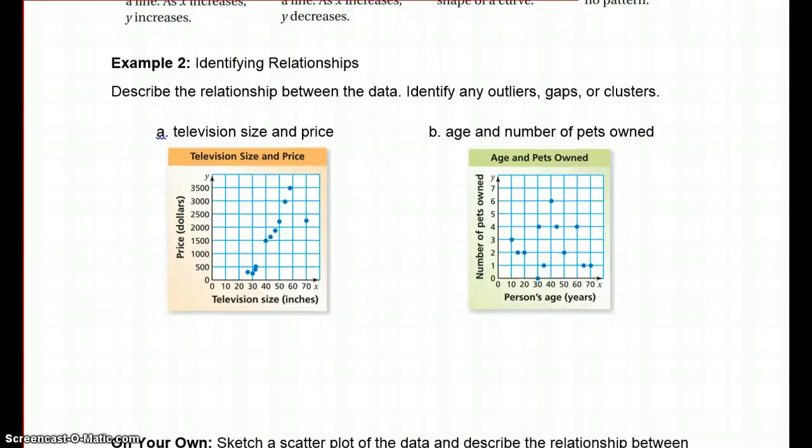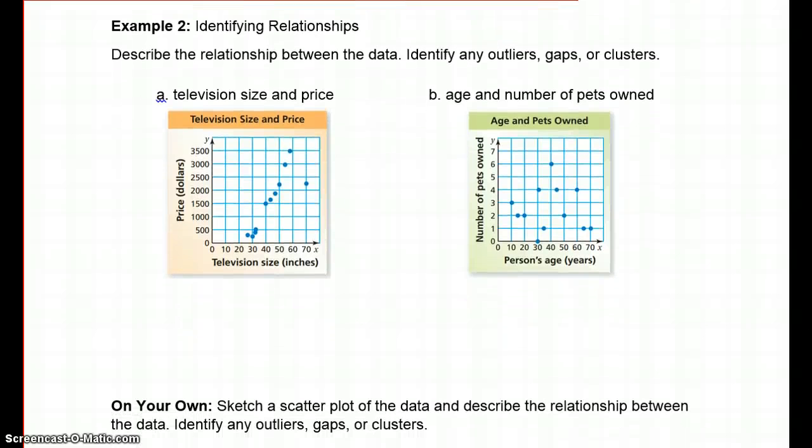Example 2, identifying relationships. It says describe the relationship between the data, identify any outliers, gaps, or clusters. An outlier is something that just seems like it doesn't belong. I will write that to help us remember. A gap I would consider to be a big hole in the data.